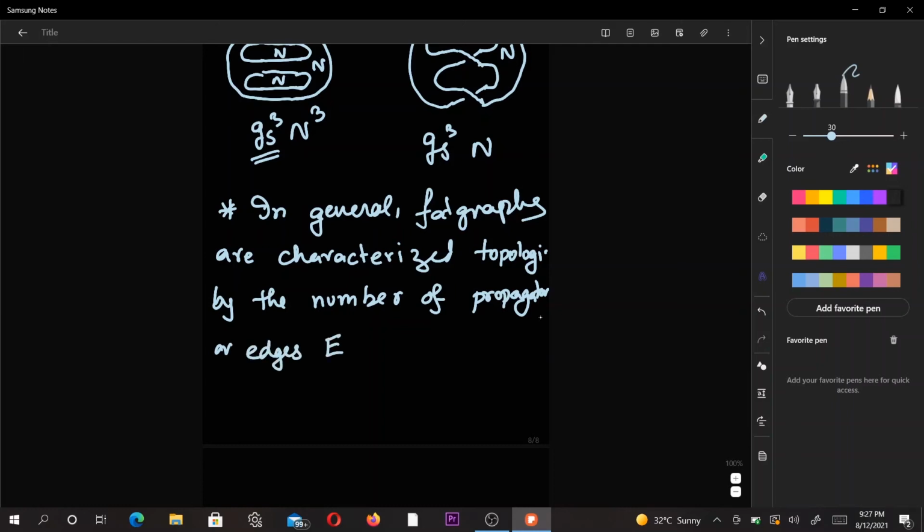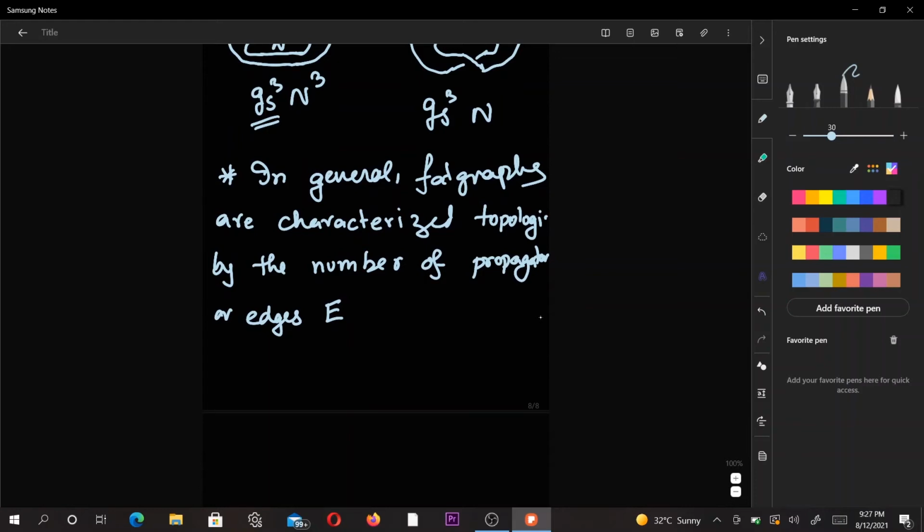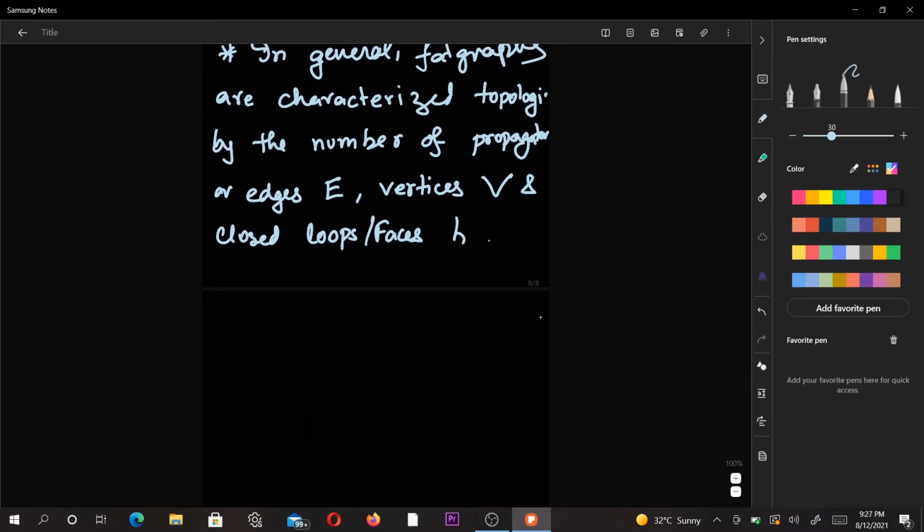that is the number of lines that go in and connect with the others, that's the edges or propagators, the vertices V, and closed loops or faces H. This V is just a sum of all vertices V_P, since we have V_P here. So V can be written like this as well.